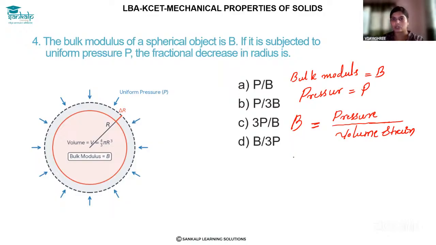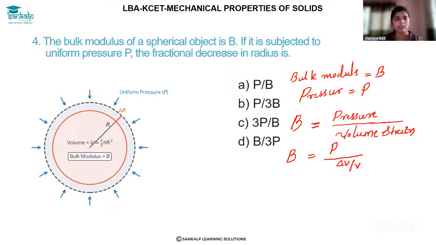So B is equal to pressure P divided by volume strain, which is delta V, the change in volume under the application of pressure, divided by the original volume. This is the formula for bulk modulus.